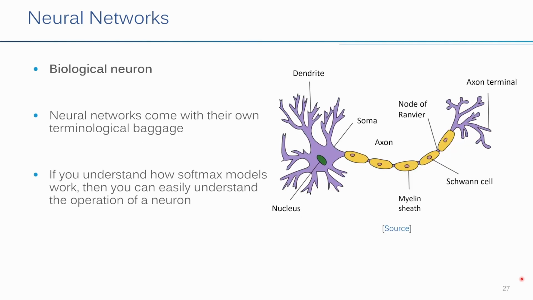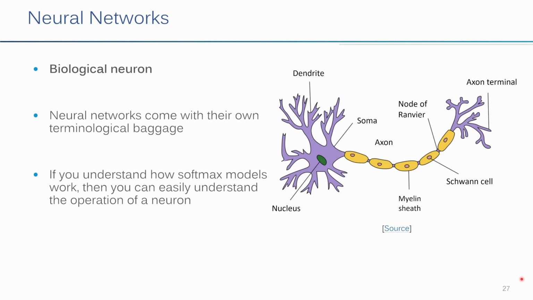Before we talk about neural networks, we could, I guess, spend an entire semester talking about the biological inspiration for neural networks, but that's definitely not the goal of this class. The idea is simply to give you a background. Neural networks have their own terminology, features, and characteristics, but we can distill and simplify that.